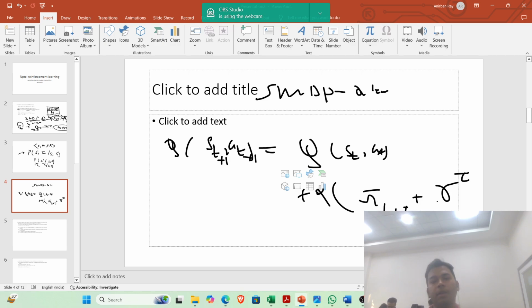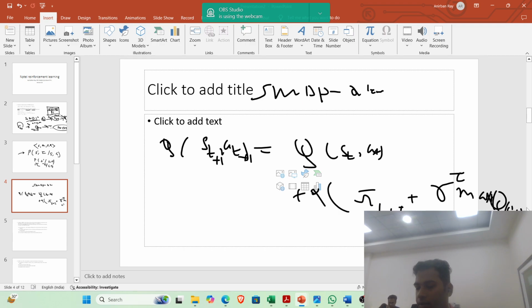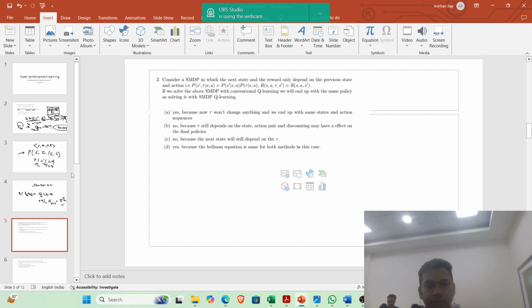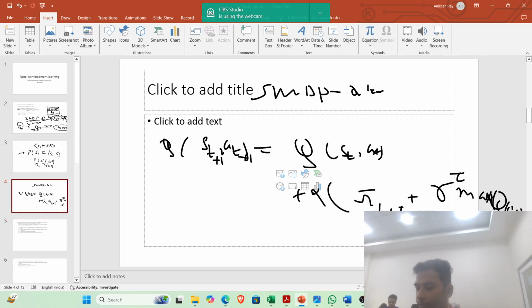But in the case of SMDP Q learning, the discount factor is raised to the power tau, where tau is the holding time, which is not in the case of simple Q learning. So max over A dash of Q of S dash, A dash, minus Q of S_t, A_t.